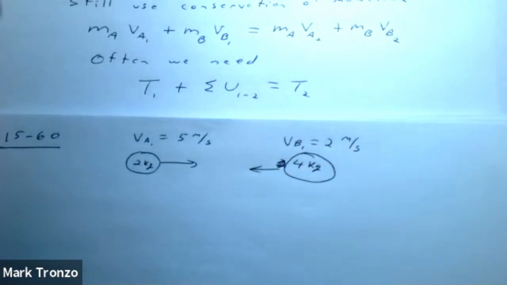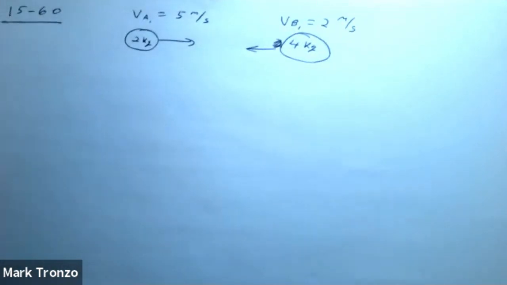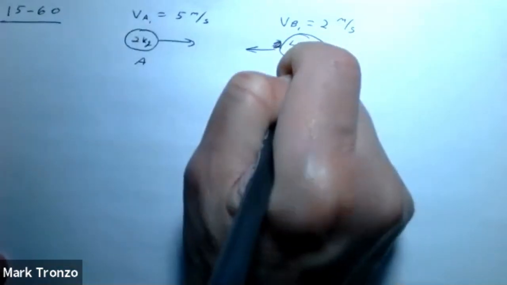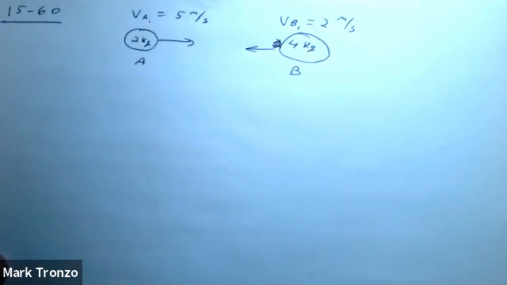Let me slide that up. Again, call this A and this B. And again, it's on a smooth surface, so we don't have to worry about friction. If the coefficient of restitution is 0.4, compute the velocities just after collision.